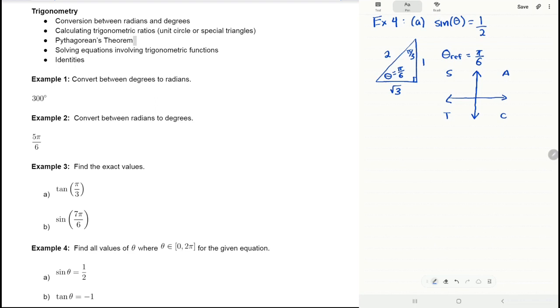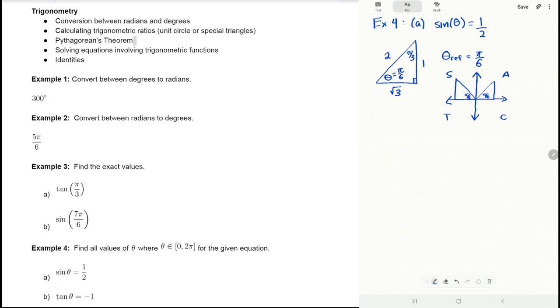So now we're going to draw the reference angle in both of these quadrants. The reference angle is the angle between the x-axis. So here we have pi over 6 in quadrant 1, and in quadrant 2, this angle will also be pi over 6.